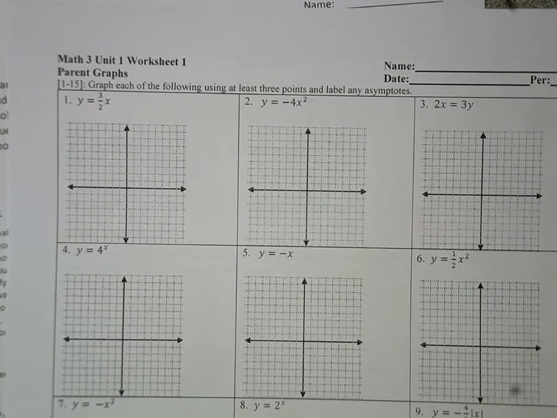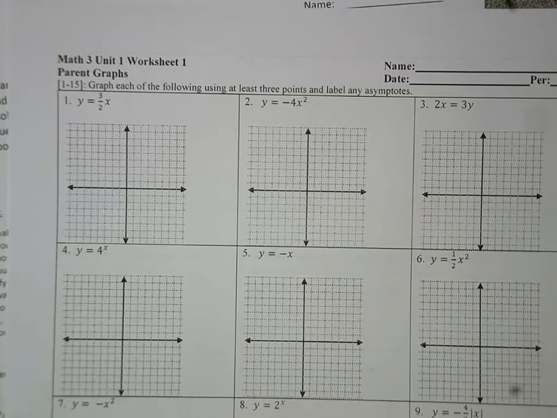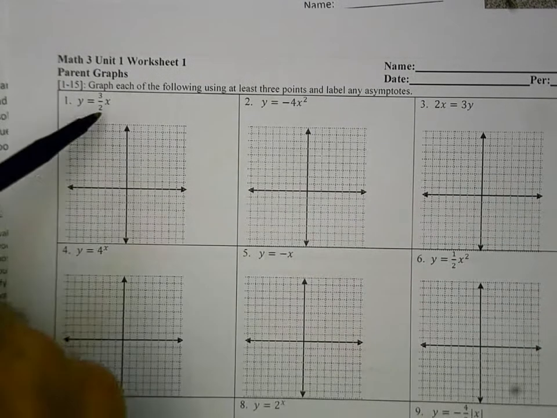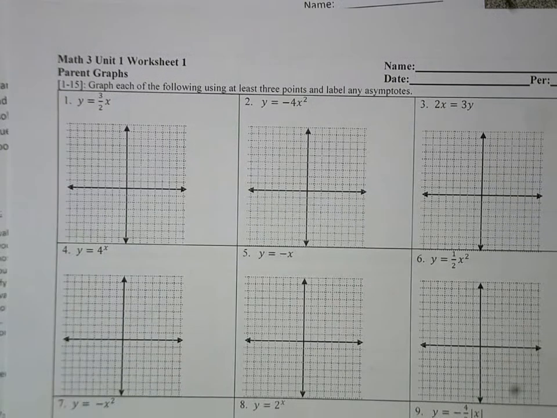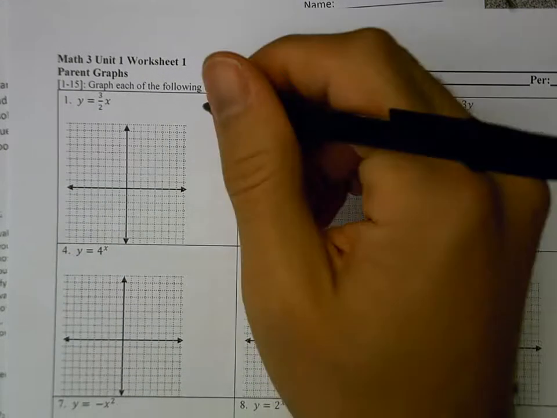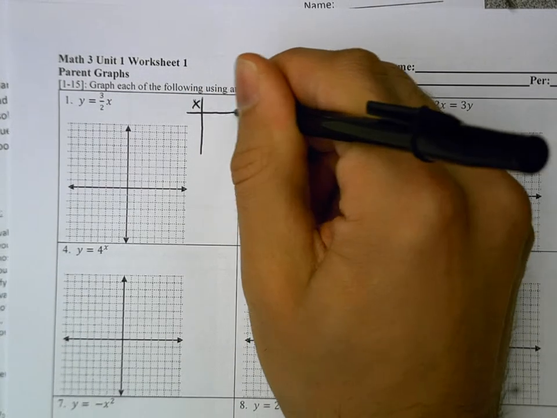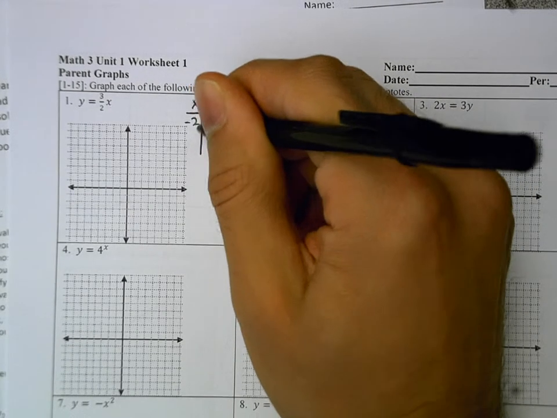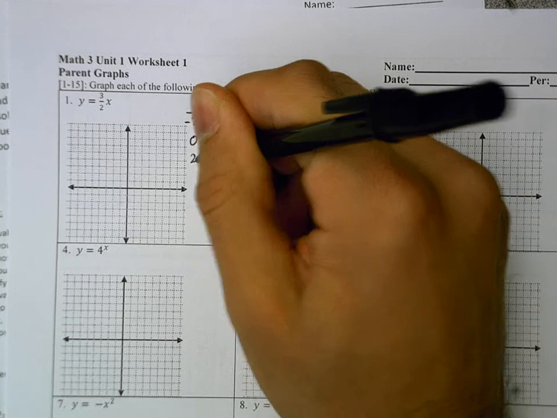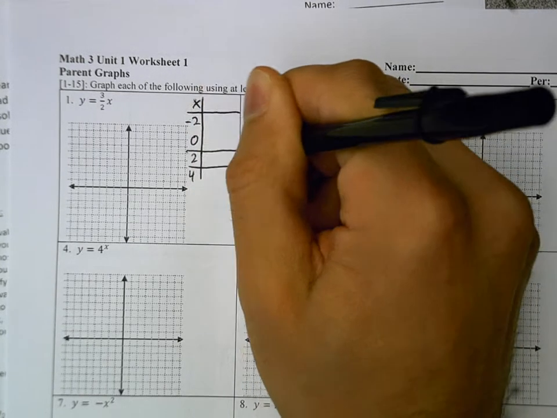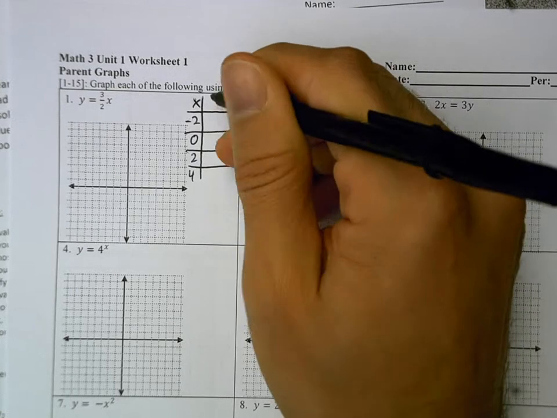My suggestion is, rather than picking negative 1, 0, and 1, pick numbers that are divisible by 2, so you don't end up having to graph a fraction. So if I was going to do that, I would pick x's like negative 2, 0, and 2, maybe 4 if I wanted to, and plug those in.